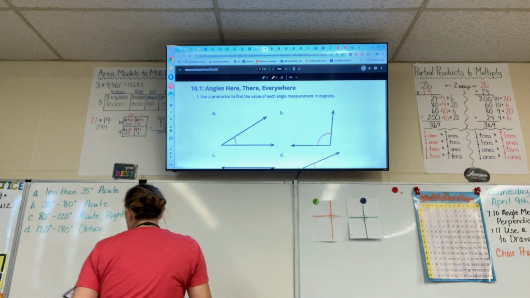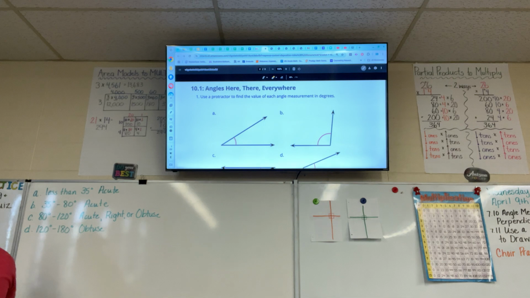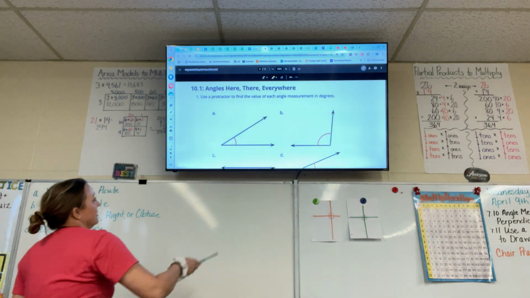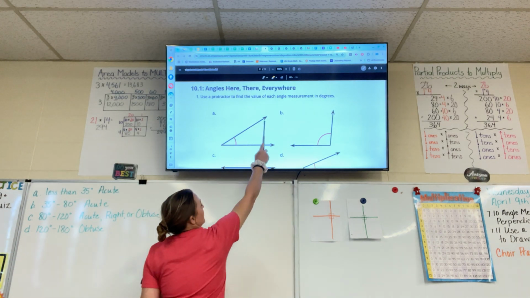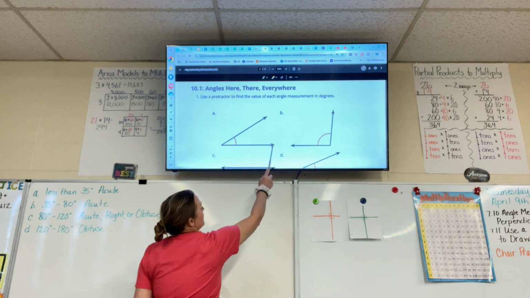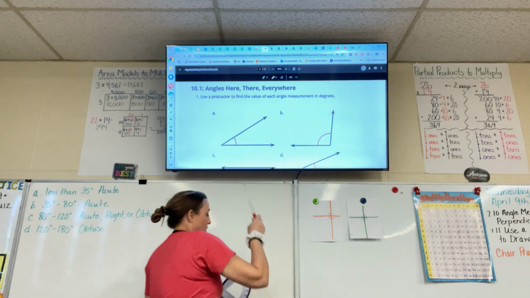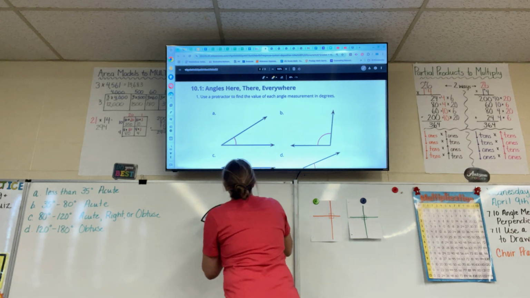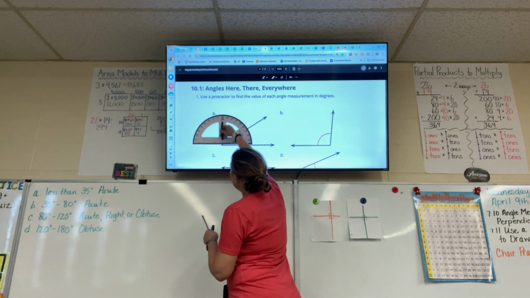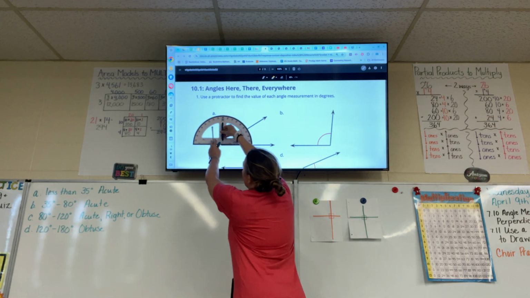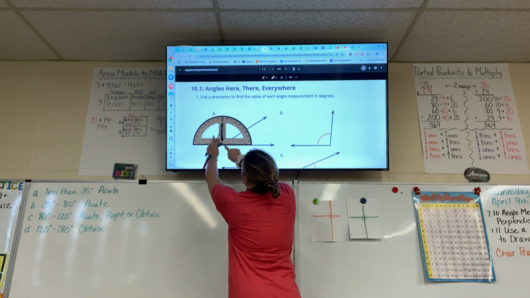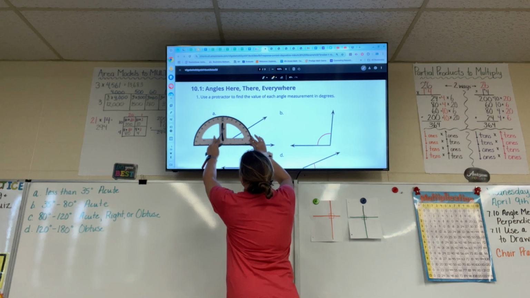So you can see, Todd, that this one starts right here and goes up, and this one starts right here and goes out. So they both start right there in the corner. So I take my protractor and I put it in the corner and line up the bottom part of the protractor with the bottom of this angle.